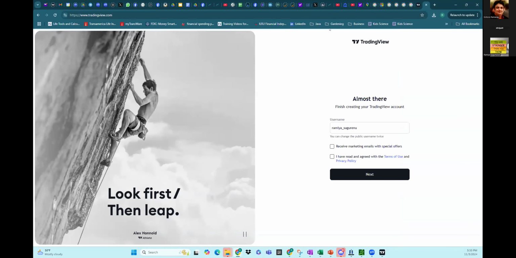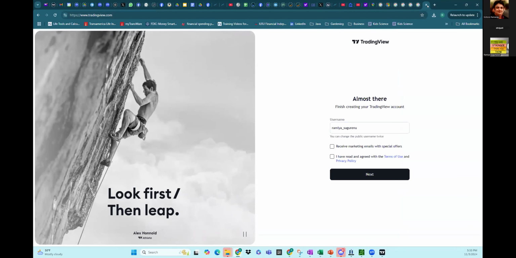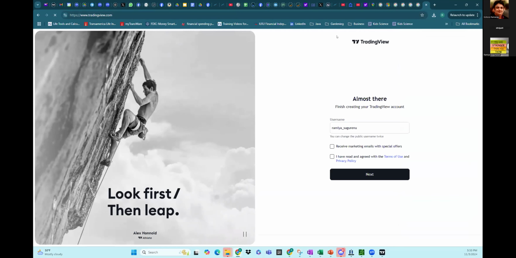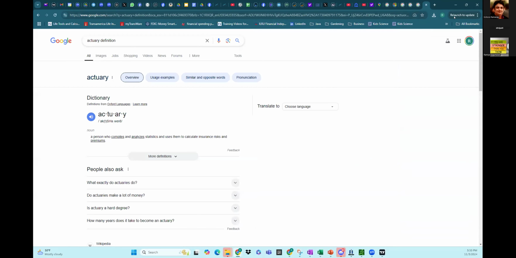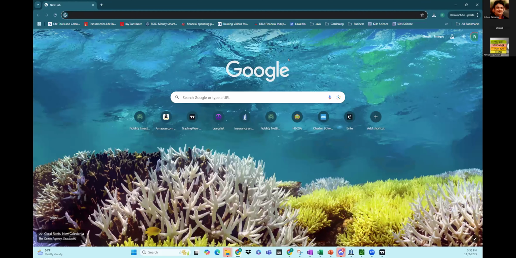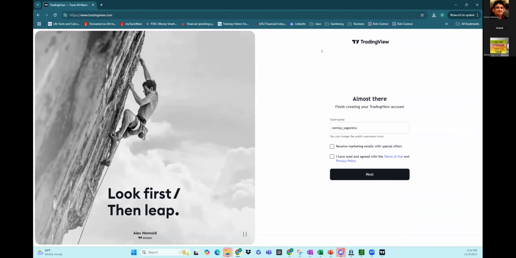So first thing is you have to log out from this one. And it's not letting me log out, right? Should we clear the cache or something? Yeah, I can open a new tab. No, it's carrying it over.